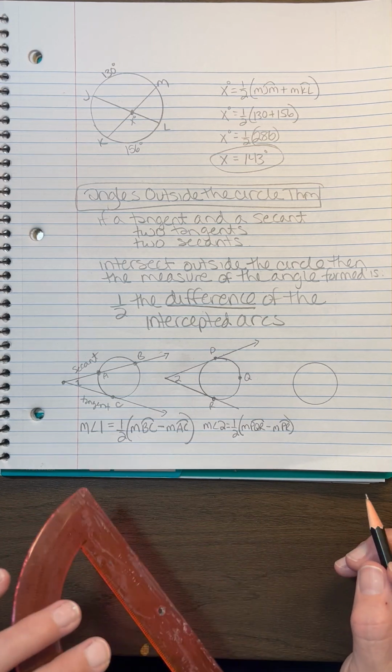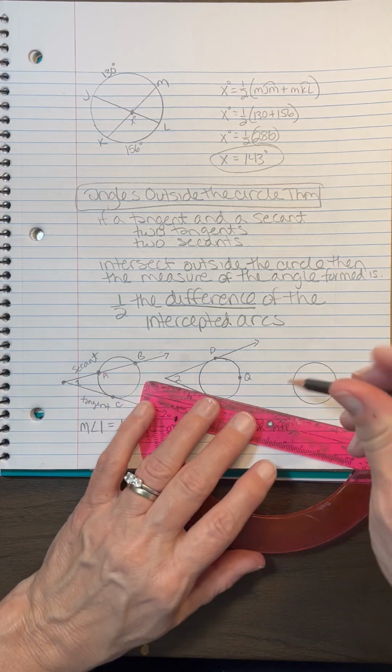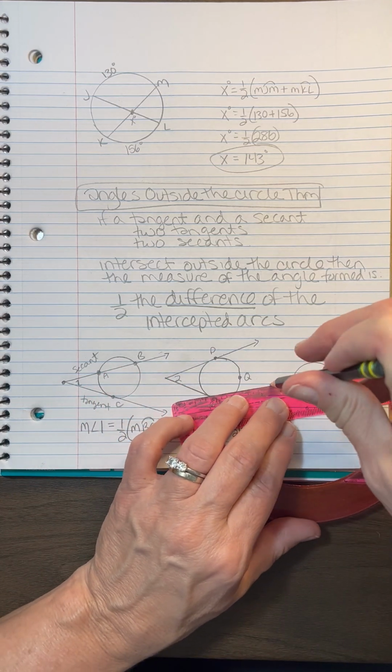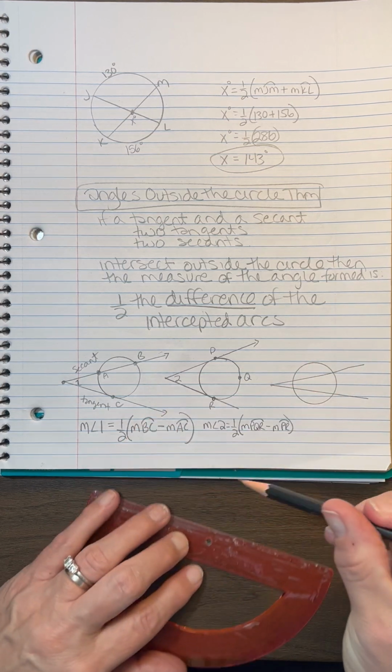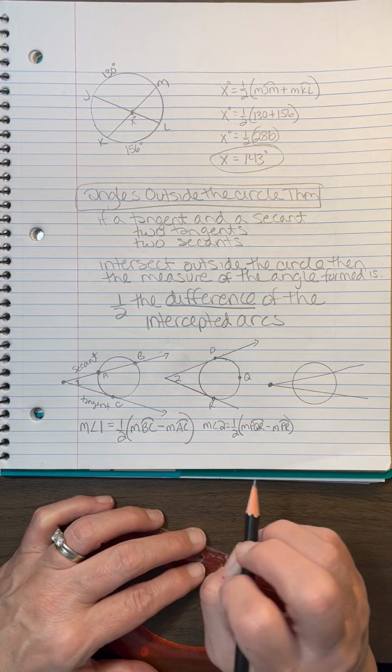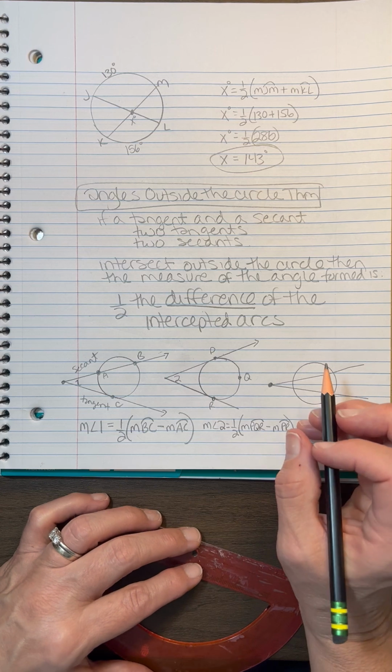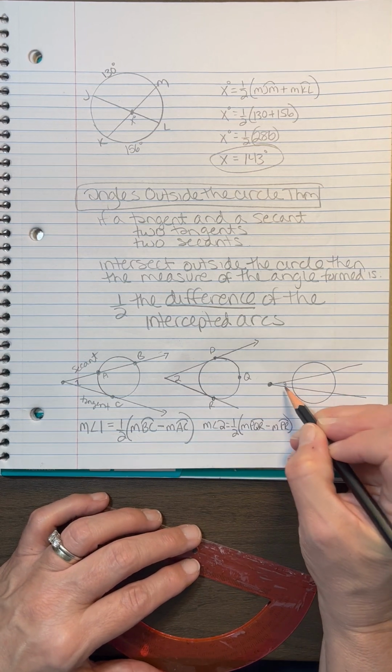Okay? And then lastly, if you have two secants who intersect outside the circle, we're gonna call that angle 3.